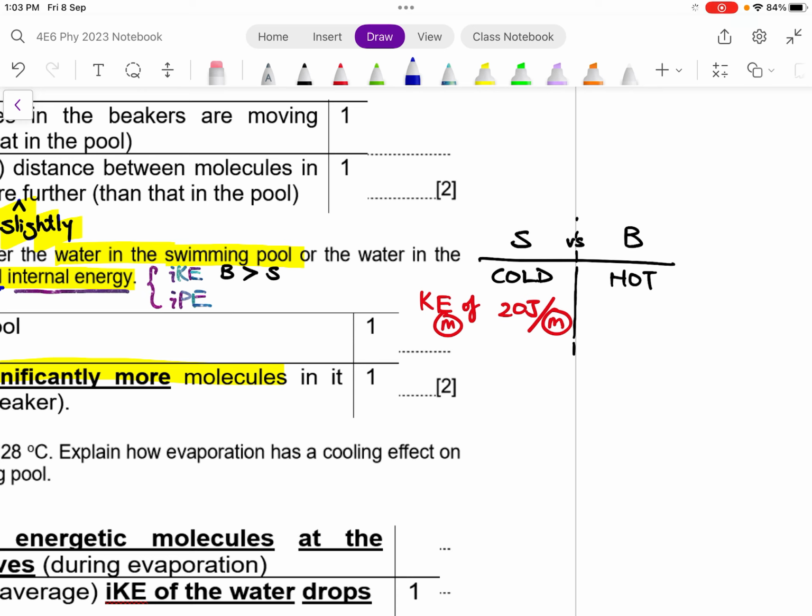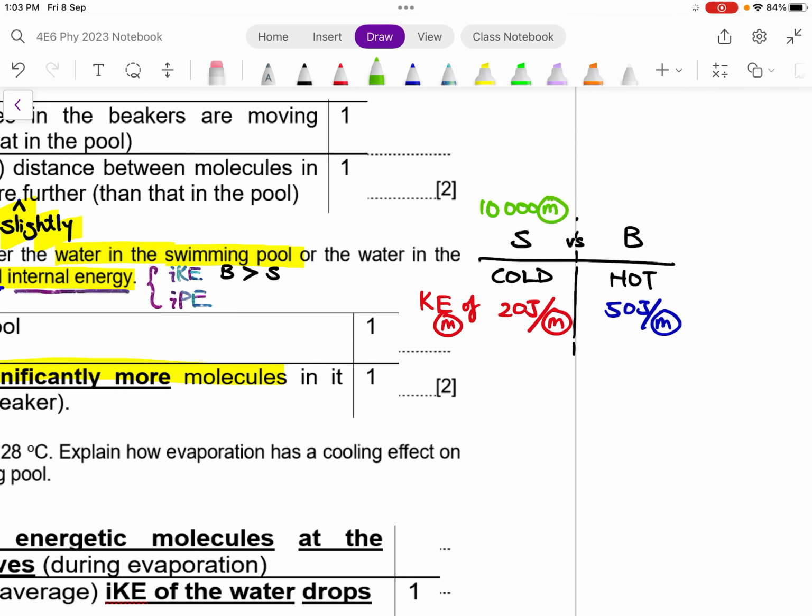Beaker, because it is hot, let's say 50 joules per one molecule. But the swimming pool has a lot more molecules, right? So let's say the swimming pool has maybe 10,000 molecules.